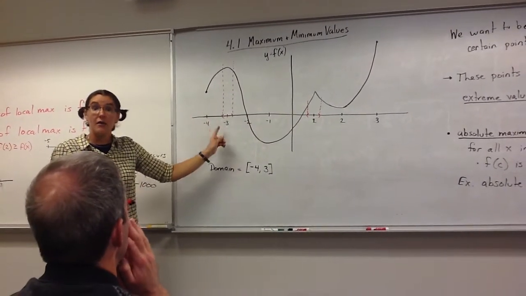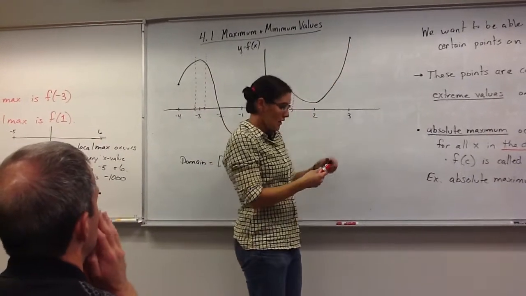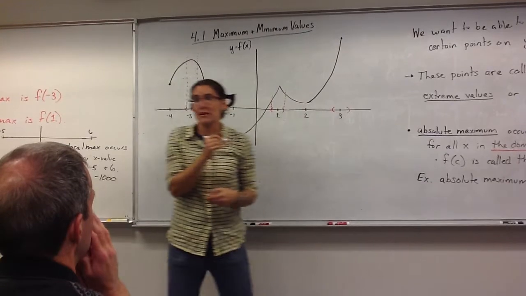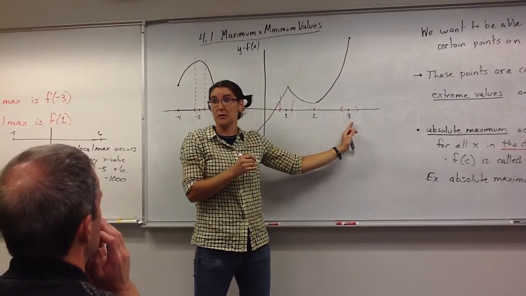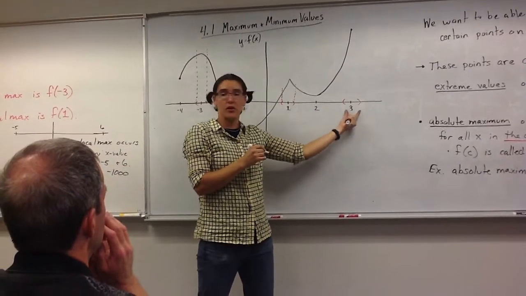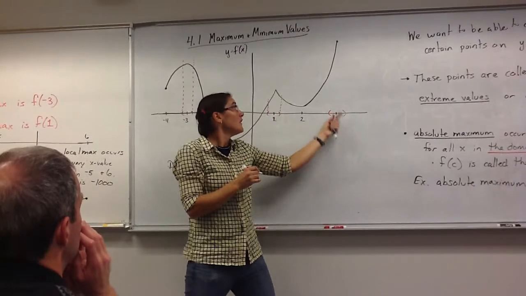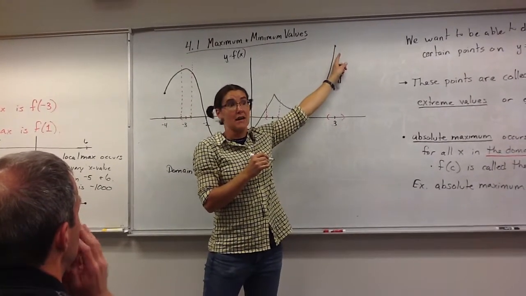On the other hand, for an endpoint, I cannot draw an open neighborhood around an endpoint because our function stopped strictly at x equals 3. So because I cannot draw an open neighborhood around x equals 3, we say that there is not a local maximum at an endpoint.